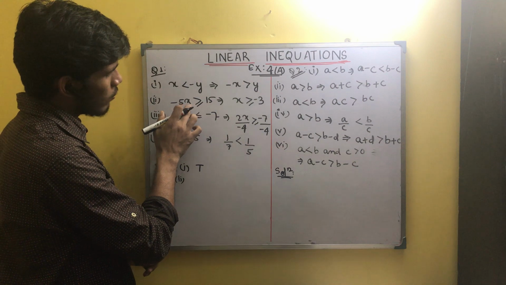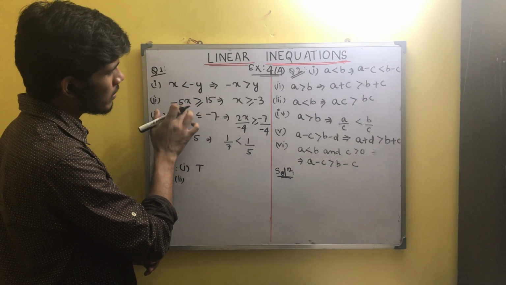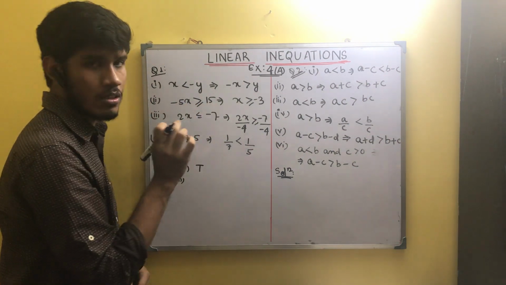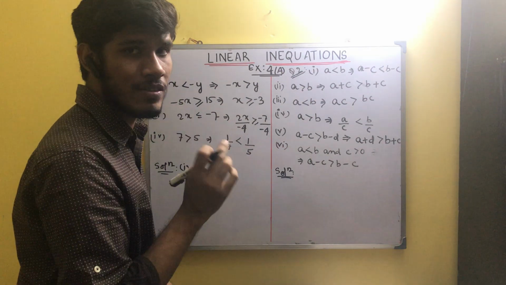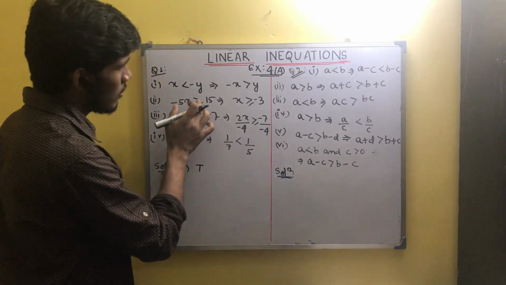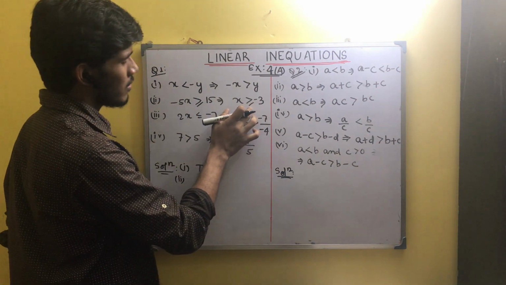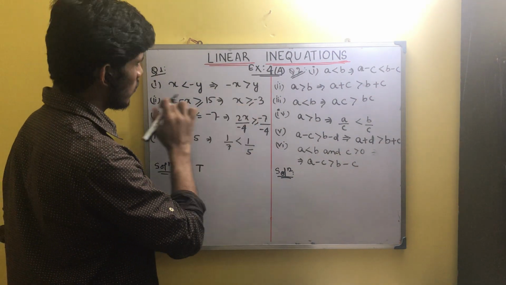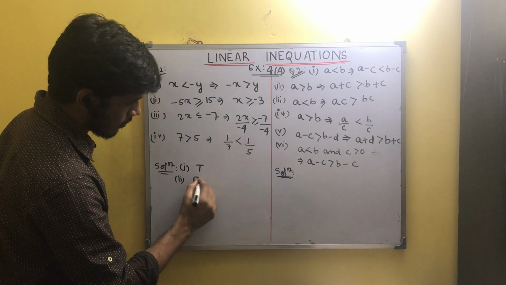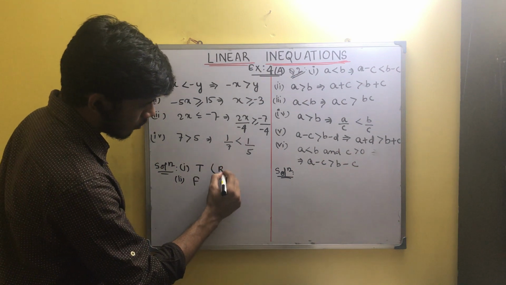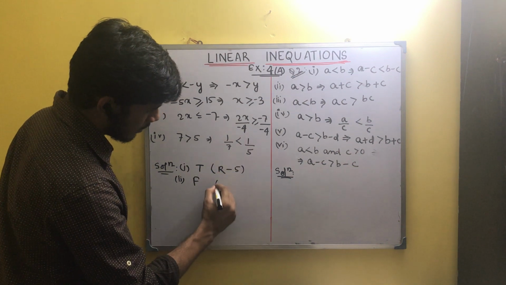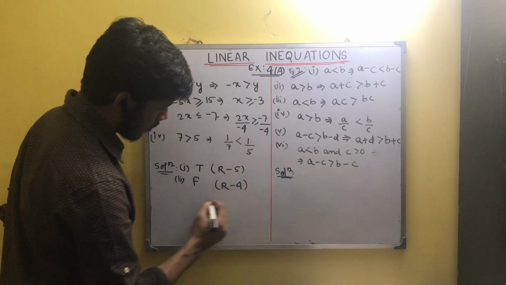Here we have divided both sides by minus 5, so the sign of inequality needs to be reversed. But here the sign has not been reversed, so this statement is false. Okay, the previous one was rule number 5, and this is as per rule number 4.